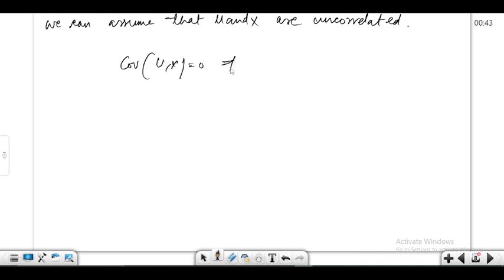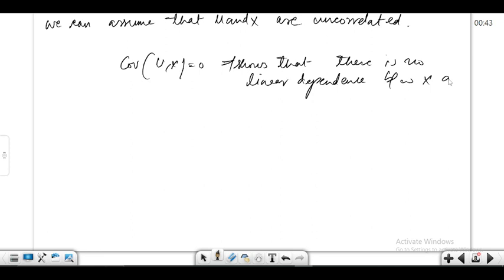But the problem here is that this shows that there is no linear dependence between x and u. But we can have any other sort of dependence that is not linear.